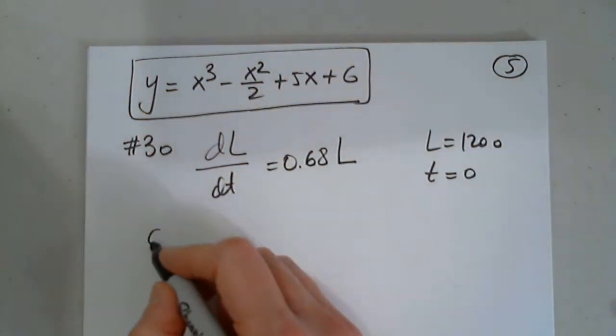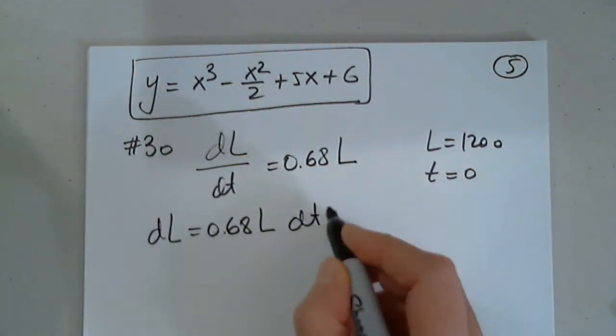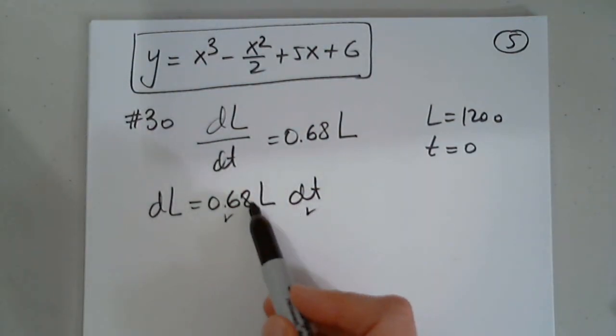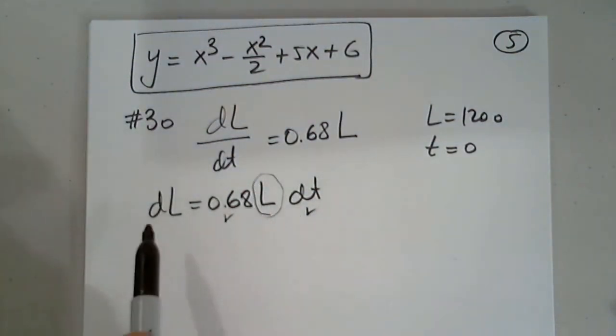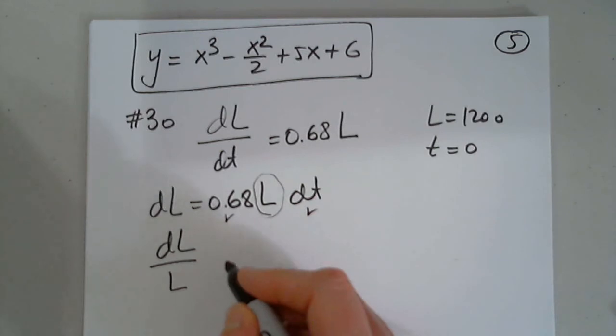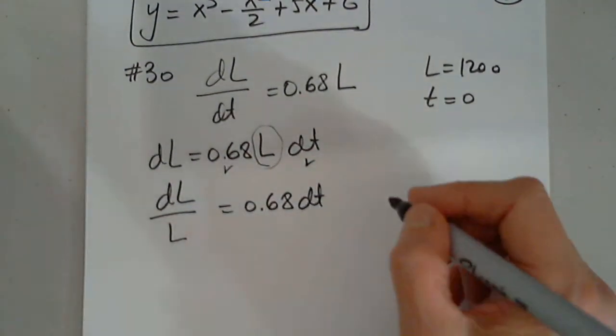First, we'll cross multiply. dL equals 0.68 L dt. This number is fine, dt is fine, but this has no place here because dL is on this side. So I have to divide both sides by L. So dL over L equals 0.68 dt. Now they are separated.